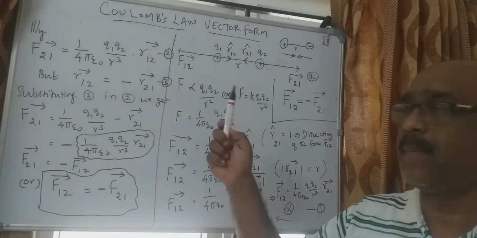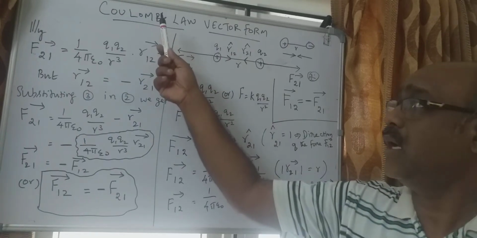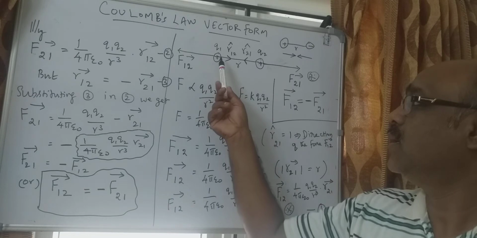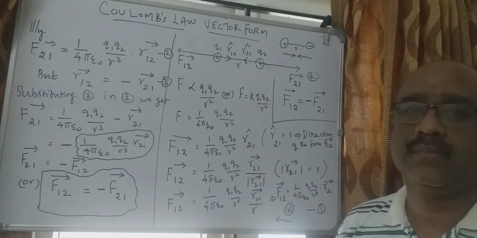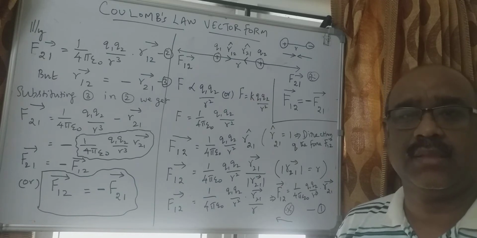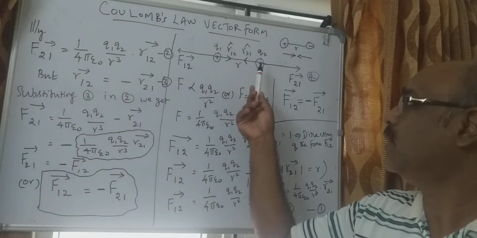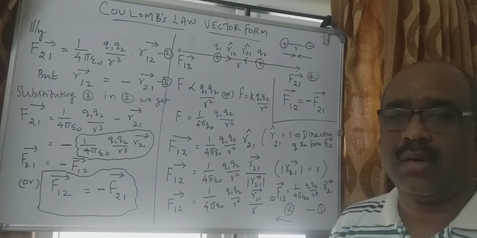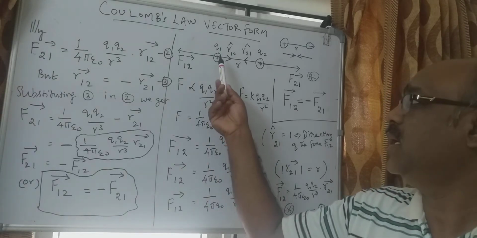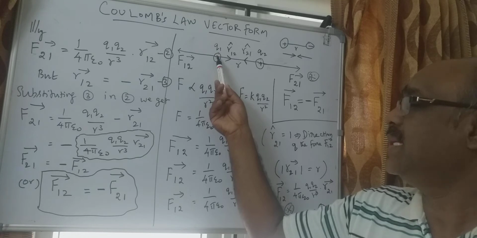So here, to explain Coulomb's law in vector form, let us take two charges. These two charges are stationary charges and they are separated by a distance r. Let the charges be like charges here.